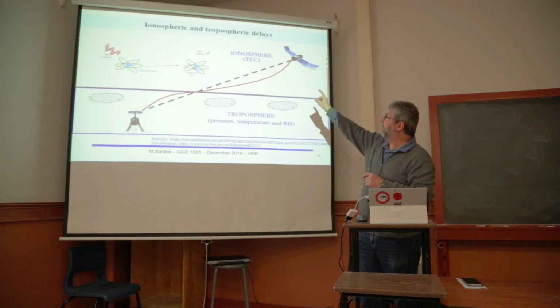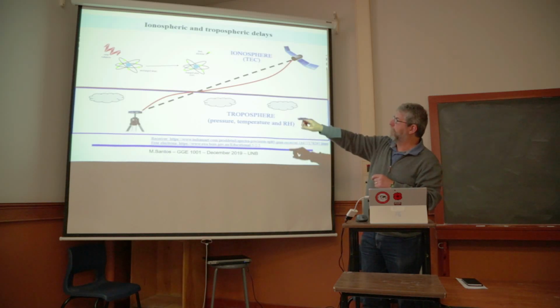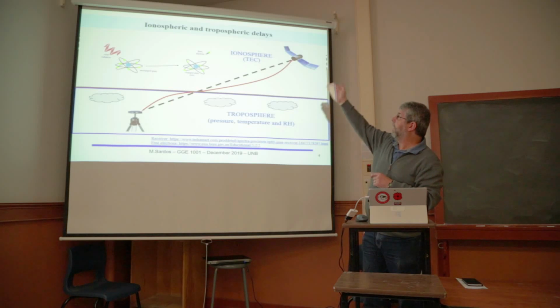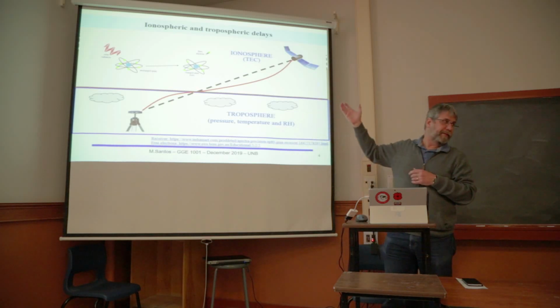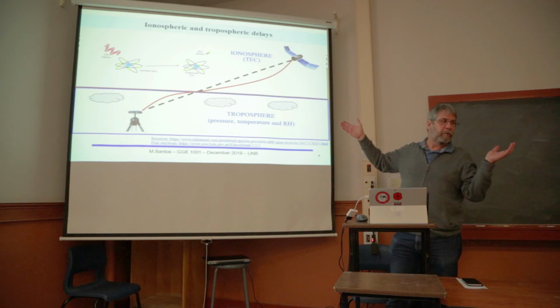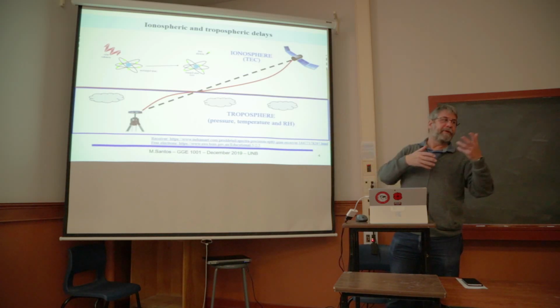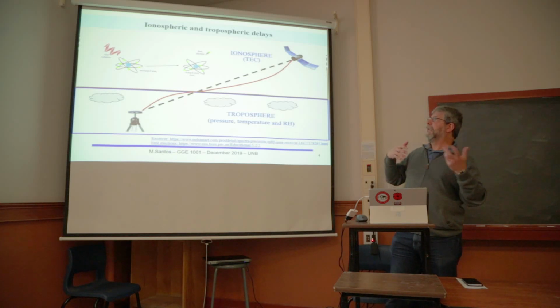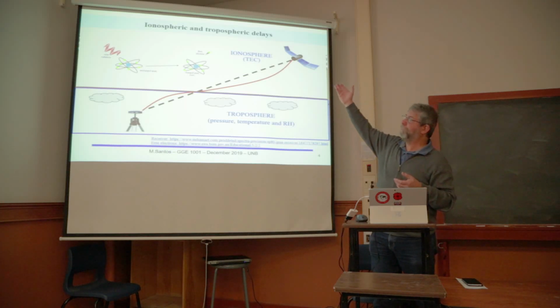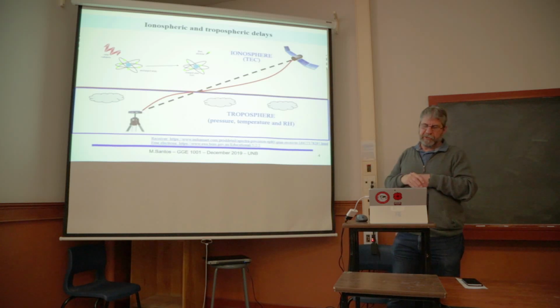The delay would be the difference between the actual path that is in red and the theoretical path that is in black. The difference between them we call the delay, because basically the signal would arrive later, delayed, compared to coming on a straight line.